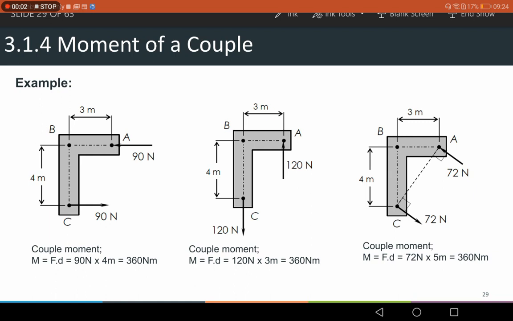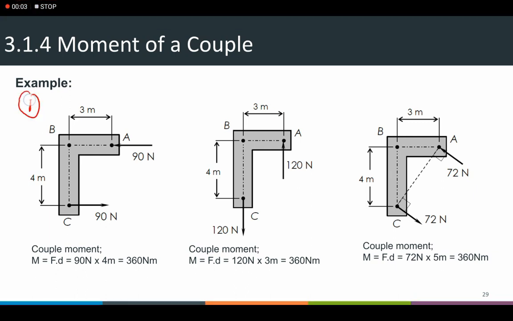Okay, first example. There are two forces. The first force 90 Newton to the left, and at C force 90 Newton to the right. Look at the directions. A to C. This is counterclockwise.